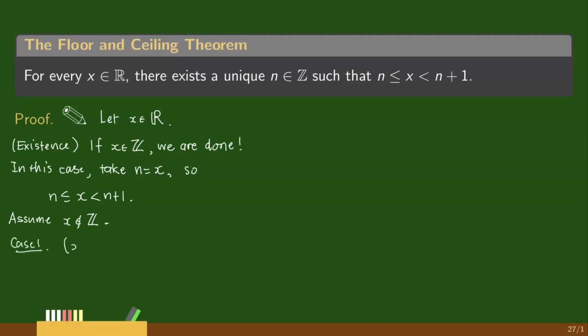Ang first case natin is when x is greater than 0. Okay? Ang second case natin when x is less than 0. Pag positive or negative. But walang third case, sir, yung x equals 0. Kasi nga si x hindi na integer. So we will not consider the case when x is 0. So we only consider the case when x is greater than 0. Do you understand? Okay.